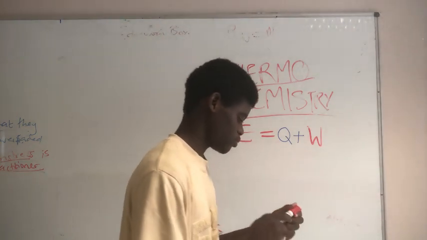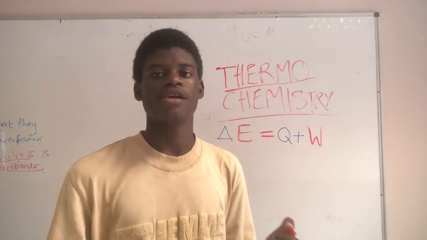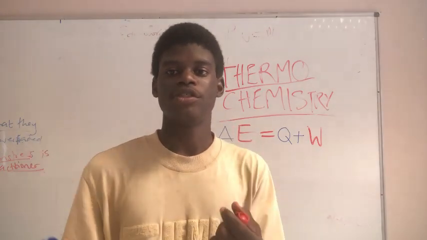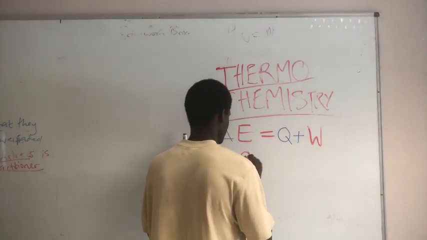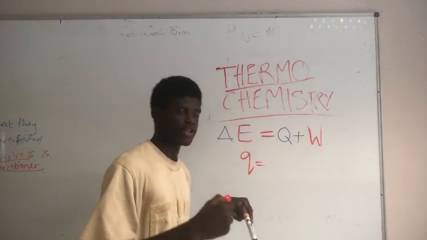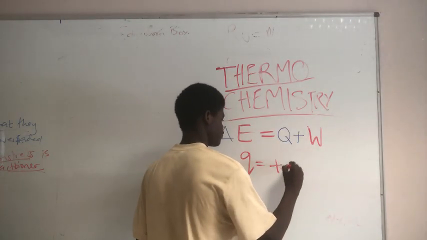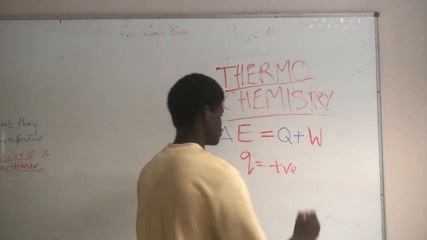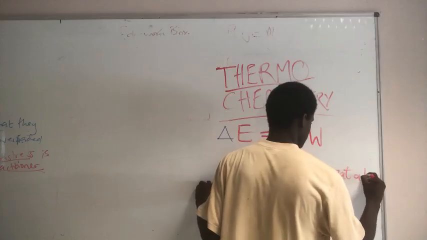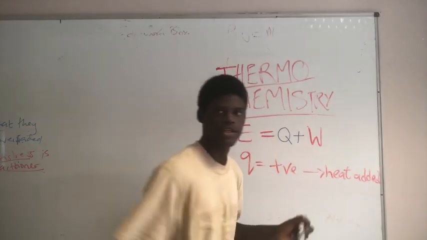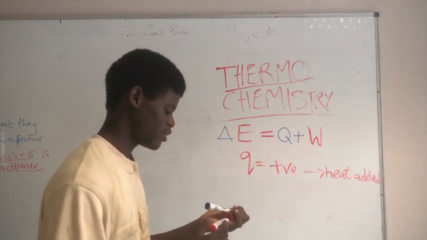So there's something you need to know. When they say quantity of heat is added to the system, then Q is positive. If heat is added to the system, Q is positive.